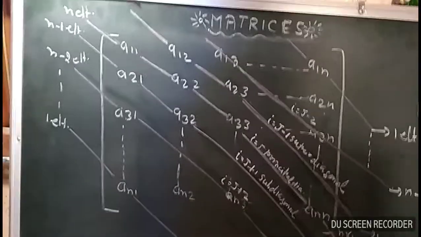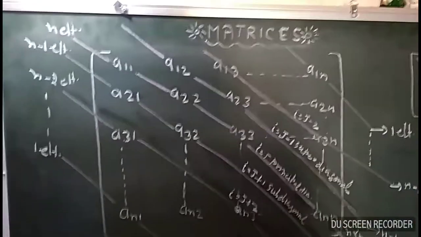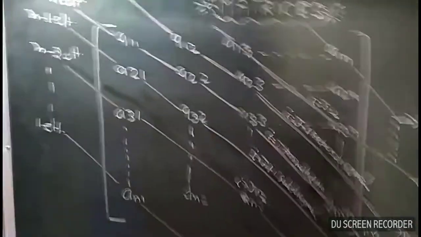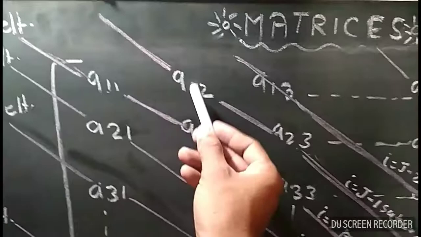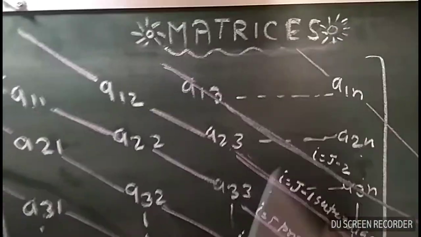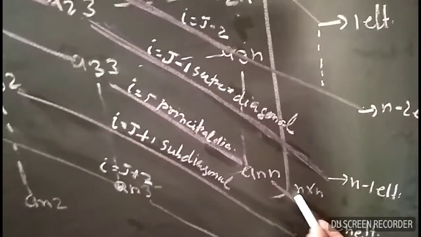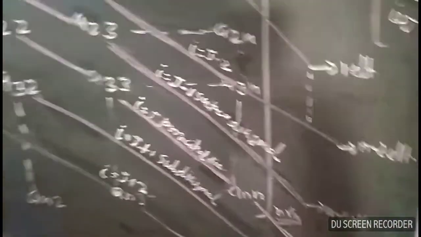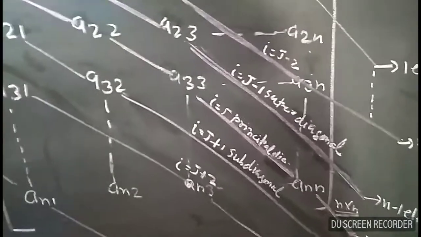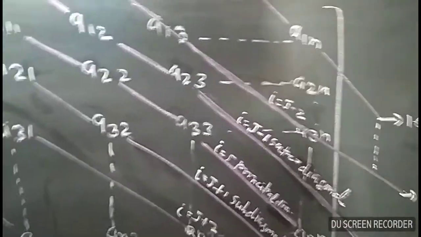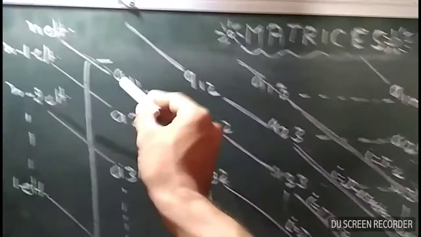Now let us take this square matrix, where we see the elements arranged as a11, a12, a13, and so on. Now we check how many elements are in the diagonal lines of a square matrix of order n cross n.